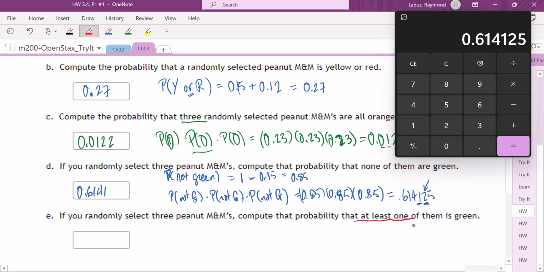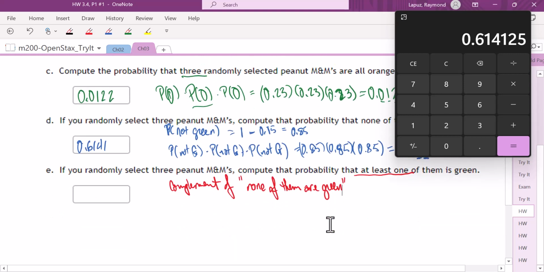Now finally, you randomly select 3 peanut M&Ms, compute the probability that at least one of them is green. So at least one of them is green, and you could have 1 green or 2 green or 3 greens, but regardless of how you put it, it's going to be the complement of the previous one, where none of them are green.